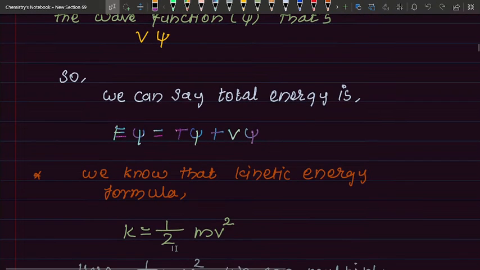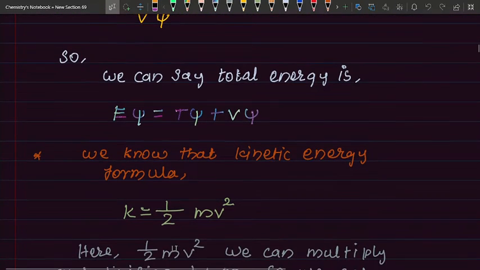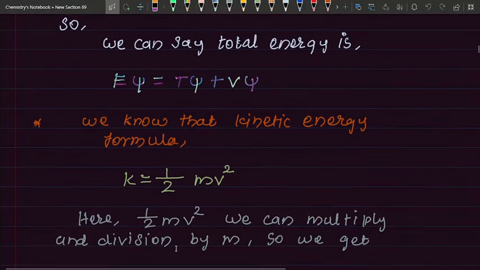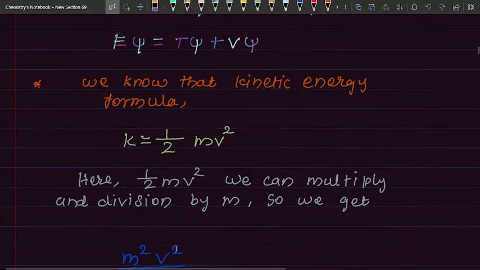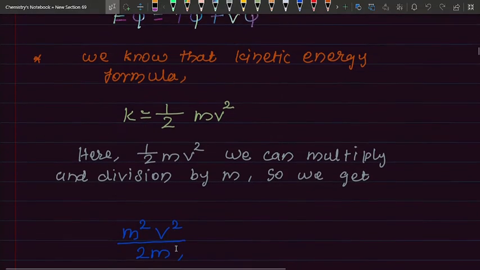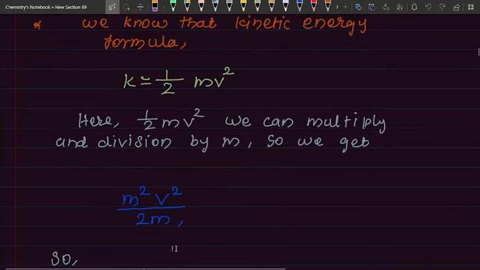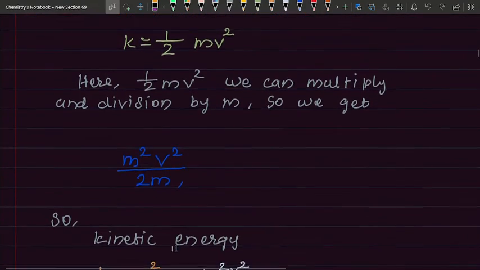We know the kinetic energy formula: K equals 1 by 2 mv square. Here we can multiply and divide by m. So we get m square v square divided by 2m.